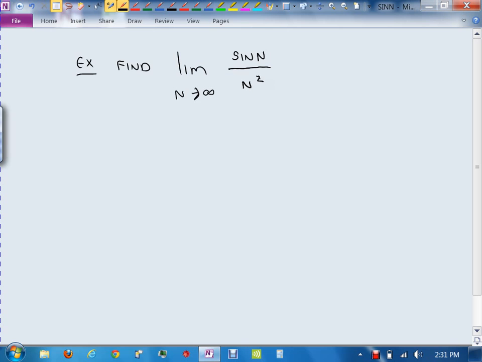Well, do you get infinity over infinity? As n goes to infinity, what's sine of infinity? What's the sine function doing as you go out to infinity? It's oscillating. So is that going to 0? No. Is it going to infinity? No. Now the denominator is going to infinity, right? But I cannot apply L'Hopital's rule to this because I don't have the form 0 over 0 or infinity over infinity. In fact, we'd say the numerator doesn't exist. That limit does not exist, right?